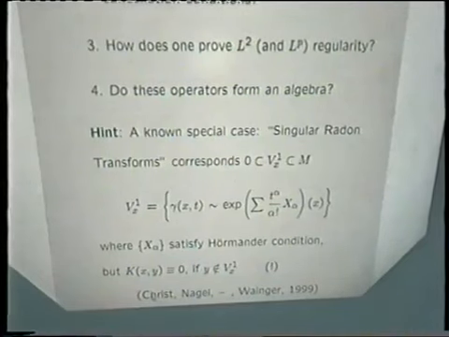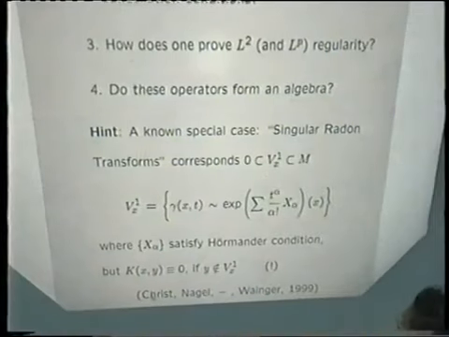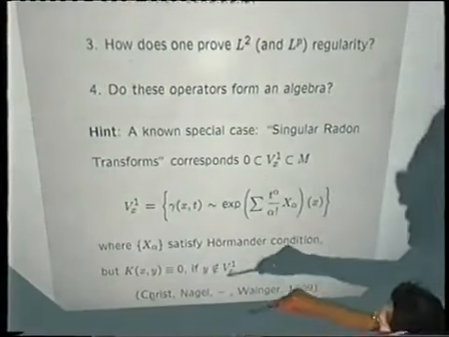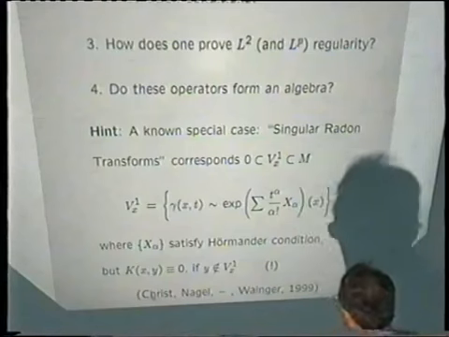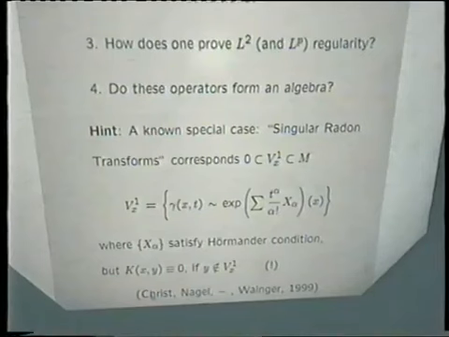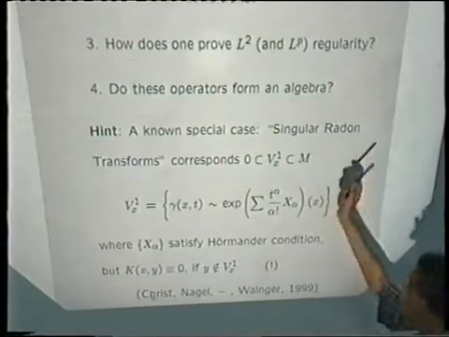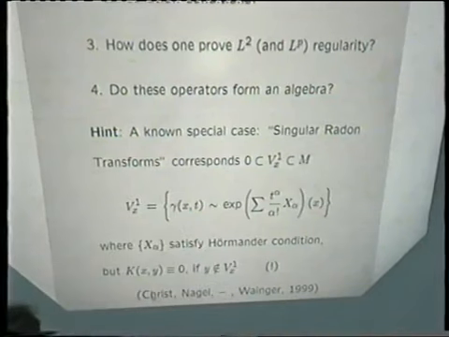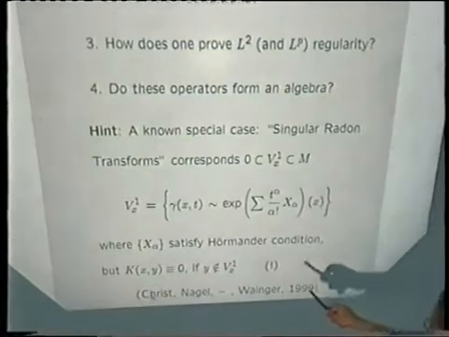Now, the last thing I want to leave you with is that there is probably a hint to all of that, because a very special case of this, I would think probably, has been done. And that is when the flag consists of just one manifold, which is given in terms of the exponential function, and these are the so-called singular Radon transforms. In this case, the kernel happens to be entirely supported on the subvariety.